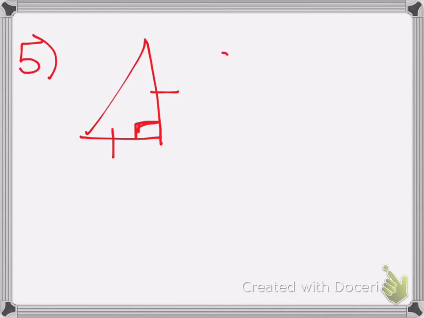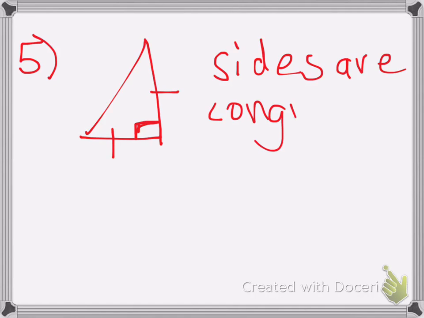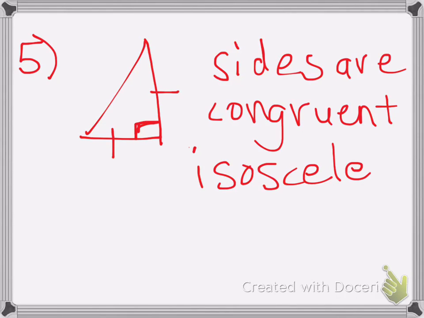That means that those sides are congruent. When 2 sides are congruent like that, that is called an isosceles triangle.